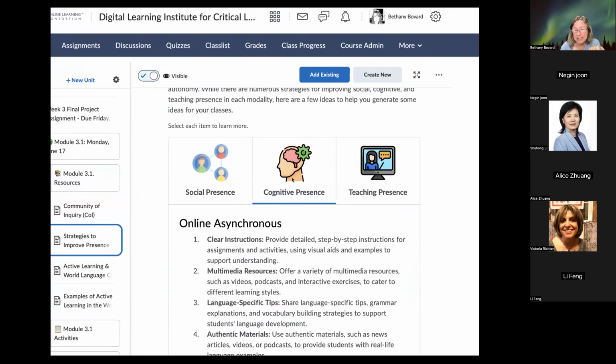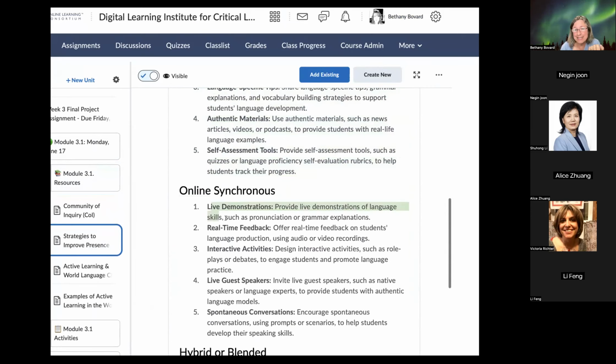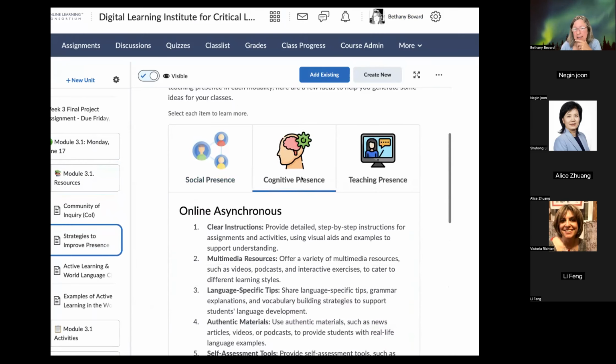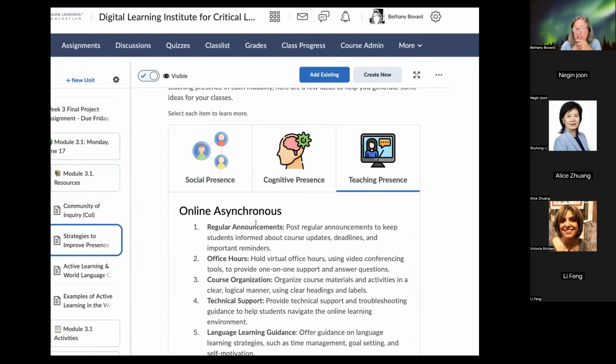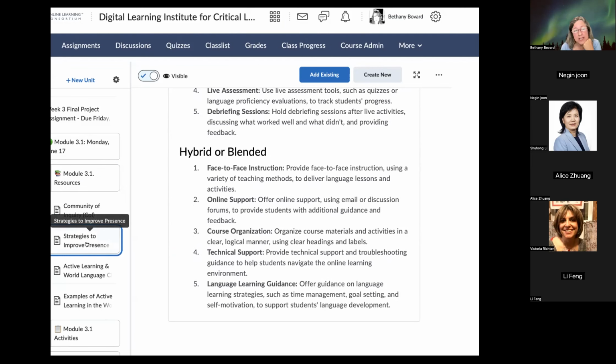And then if you go to cognitive presence, these things will change. So you can get some examples of those different types of presence and what they look like in the different modalities. Okay, so that's strategies.